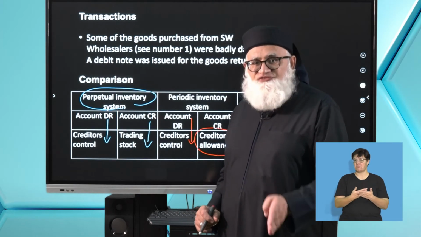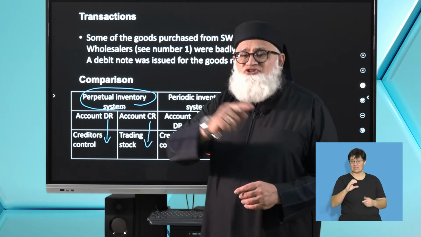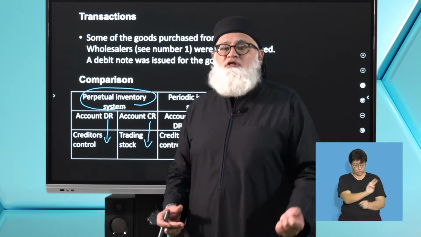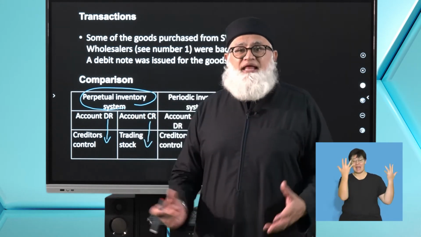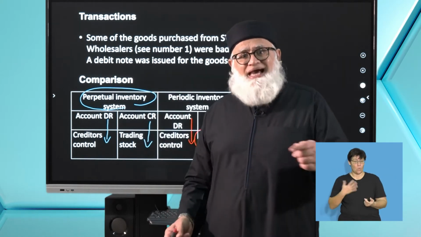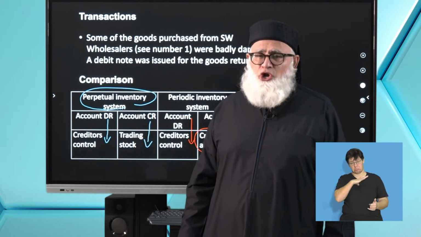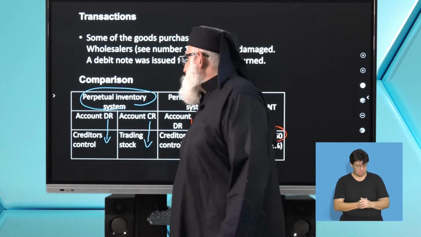However, it is first preferable to take it to your creditors allowances account and then transfer the total creditors allowances to your purchases account. However, if you're doing a calculation and you want to subtract your return directly from your purchases, by all means, no problem at all. Right? Okay, that transaction is done and dusted.